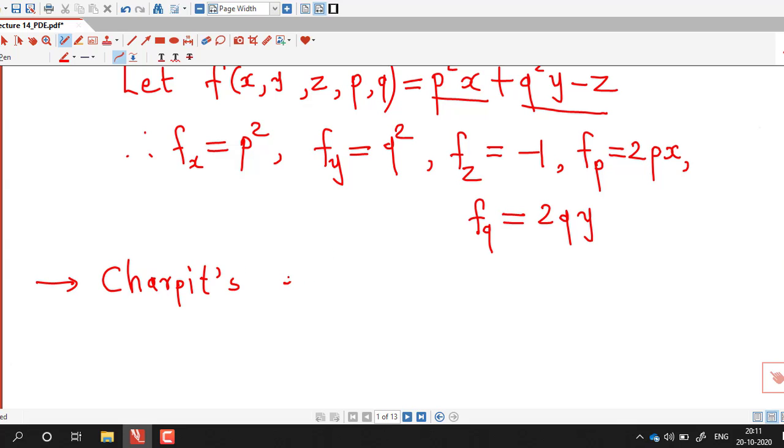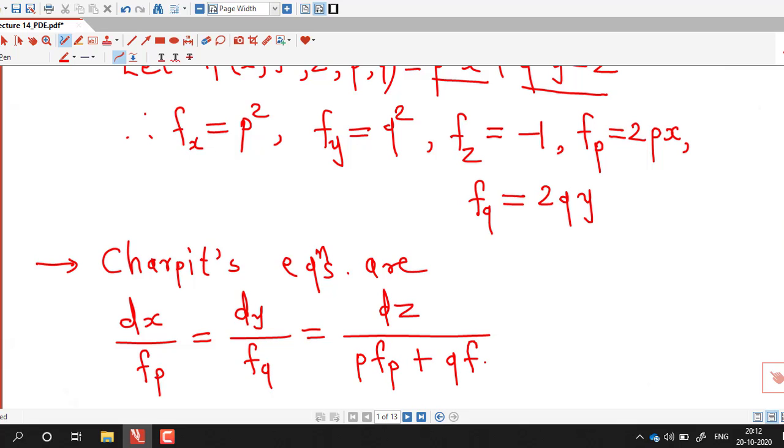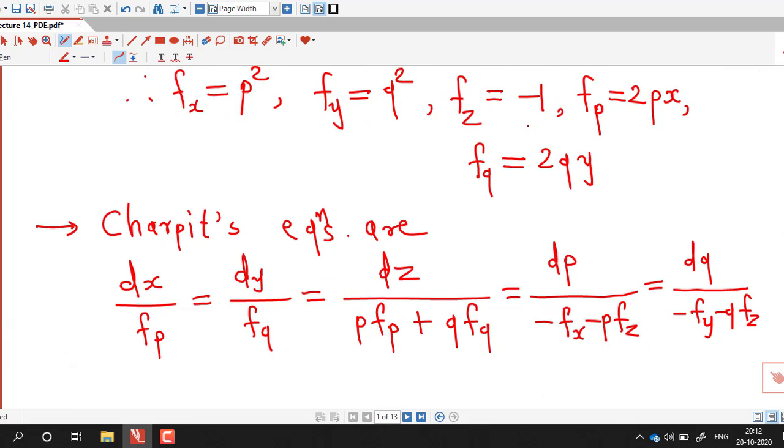Charpit's equations are: dx divided by del f by del p, equal to dy divided by del f by del q, which is equal to dz divided by p into fp plus q into del f by del q, equal to dp divided by minus fx minus p into fz, and the last fraction is dq divided by minus fy minus q fz. You have to remember these Charpit's auxiliary equations.